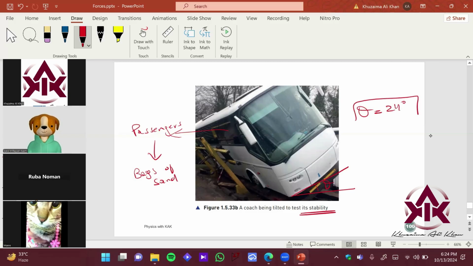So it can go over roads which have a tilt of up to 24 degrees and this bus would not topple down. Otherwise, if it exceeds 24 degrees, it would topple down and cause an accident, right? That is why they're rigorously checked before being purchased by the consumers.